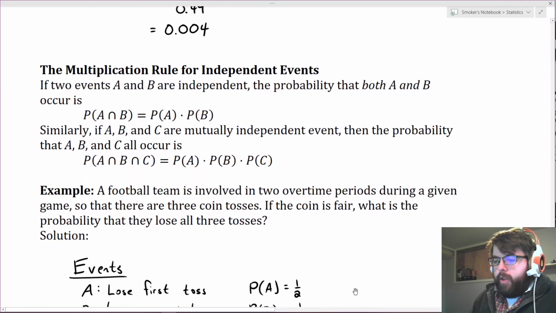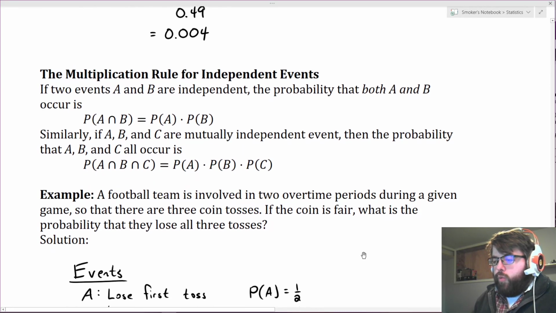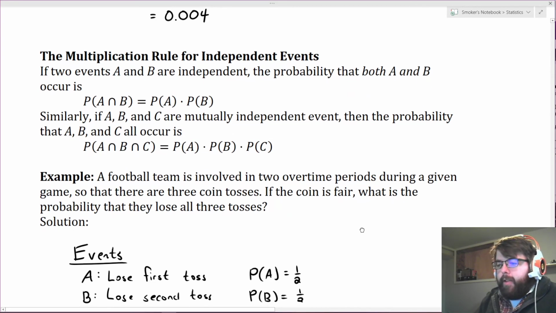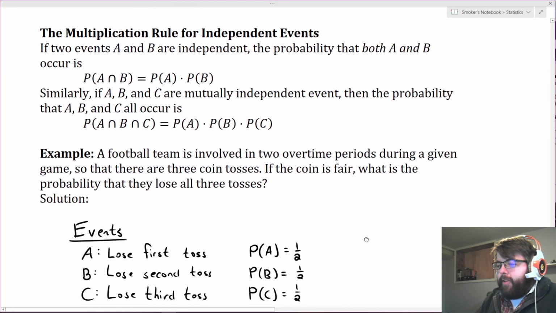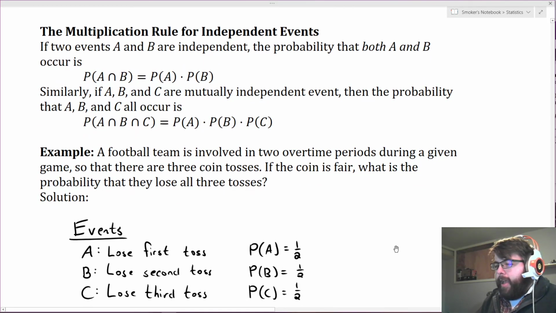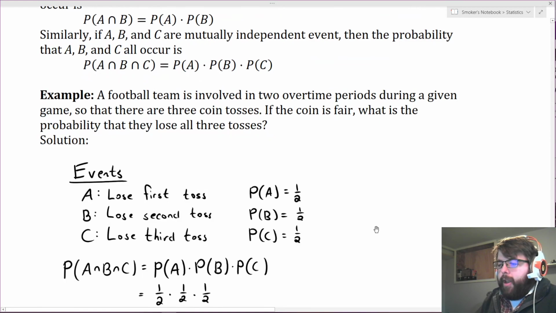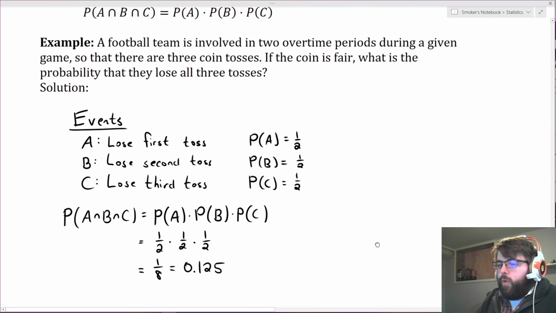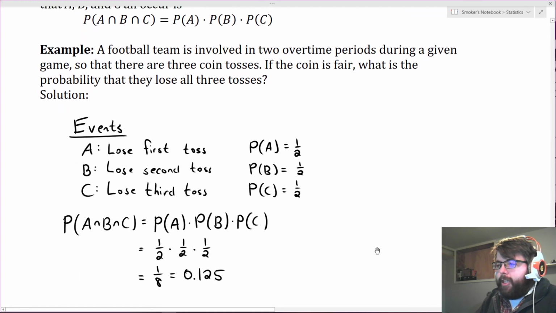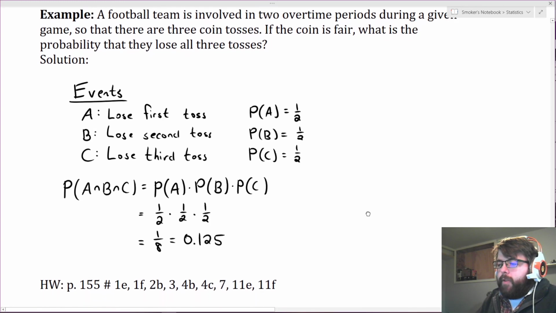First coin toss, you have a 1/2 chance of losing. Second coin toss, a 1/2 chance of losing. Third coin toss, a 1/2 chance of losing. You just multiply 1/2 times 1/2 times 1/2, because they are independent events. You have a 12.5% chance that you'll lose all 3.